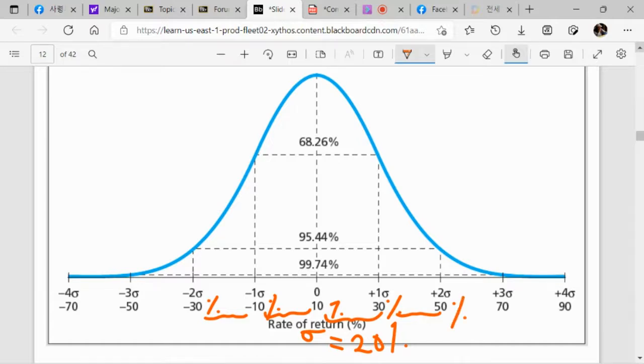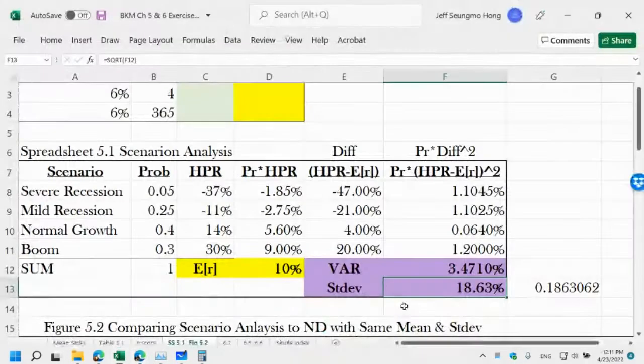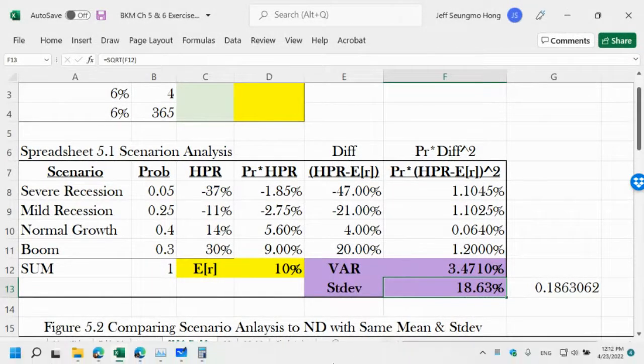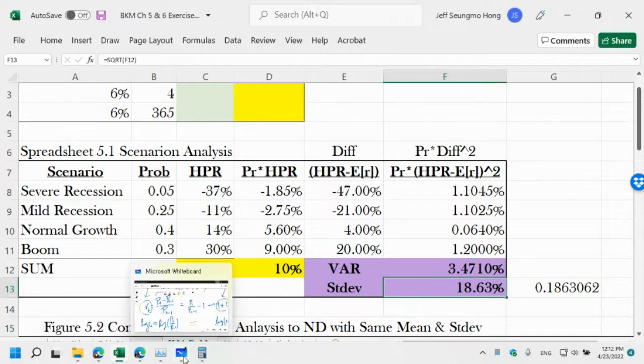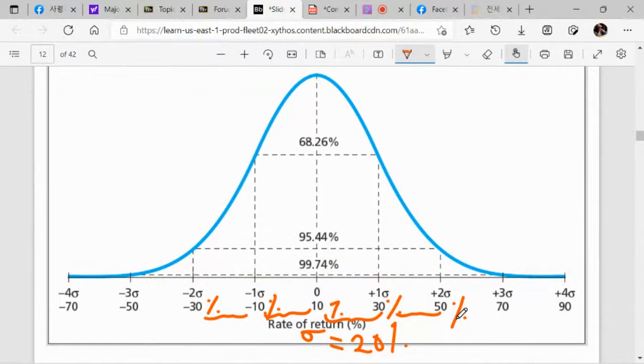So in our portfolio, in our example, the standard deviation was 18.63, but let's approximate it as 20%.